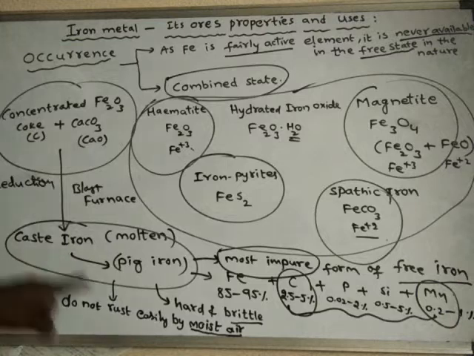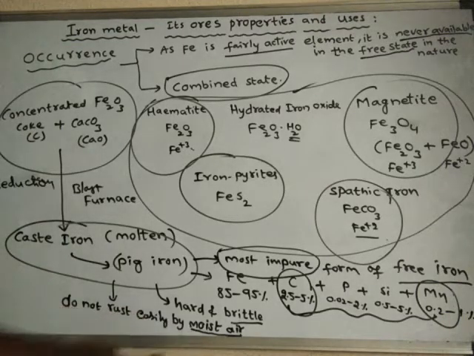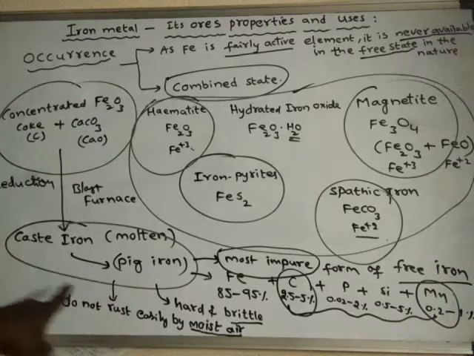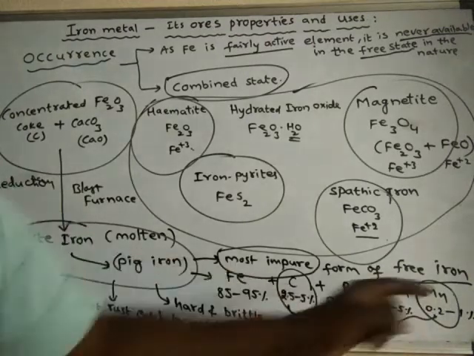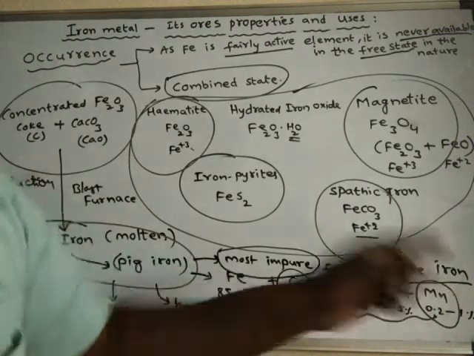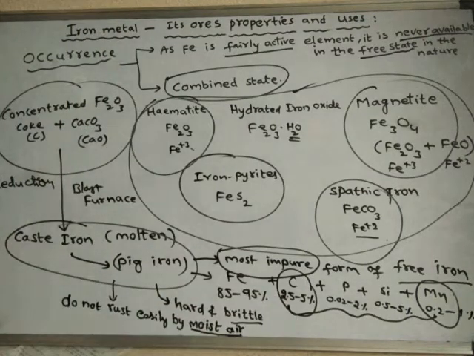That is why cast iron does not rust easily in moist air. Generally iron gets some rusting if moist air is present, but cast iron does not rust easily. That is the nature of cast iron, because of the presence of impurities. These impurities form a coating, or else they prevent the rusting of cast iron.